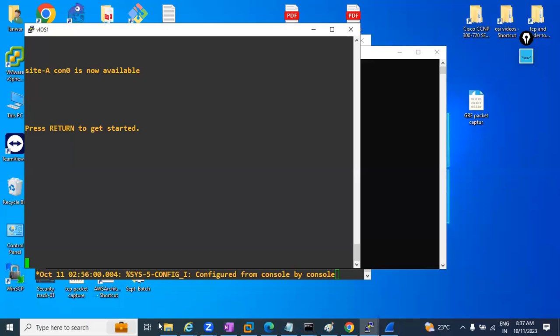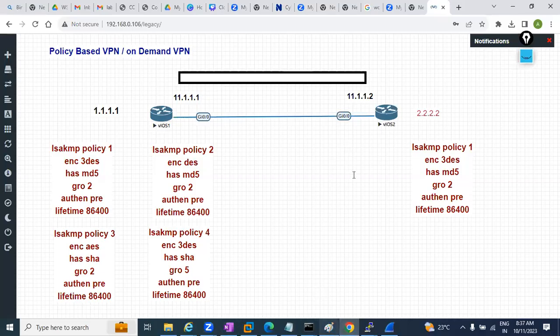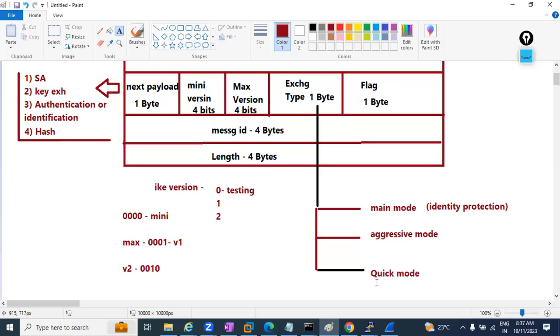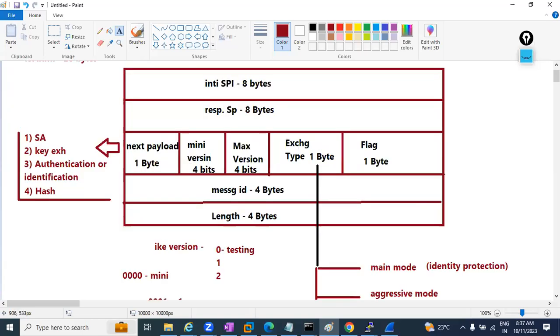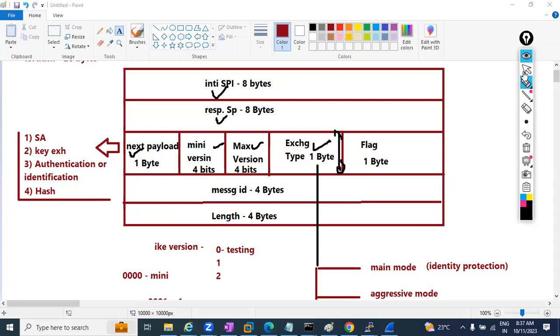So this is about your main mode, aggressive mode, and quick mode. Till now, guys, we have discussed SPI, the initiator, then responder, then next payload, minimum version, maximum version, and exchange type. Up to here, guys, do you have any doubt, any questions? Anyone? I'm waiting for your reply.